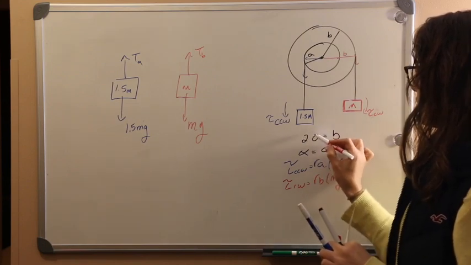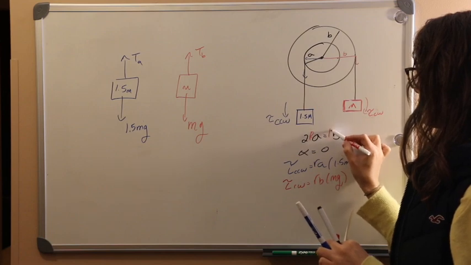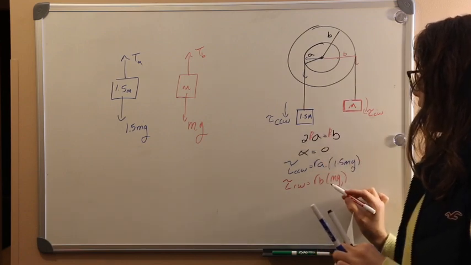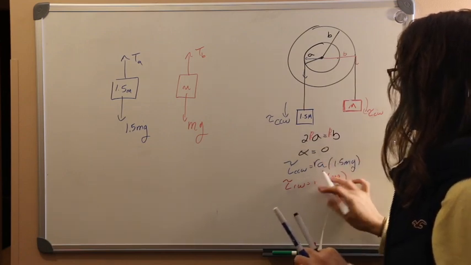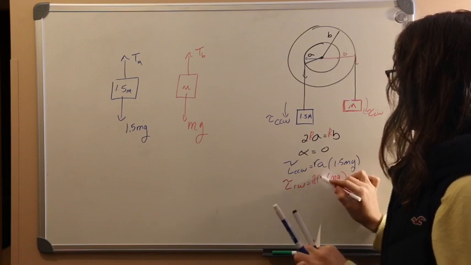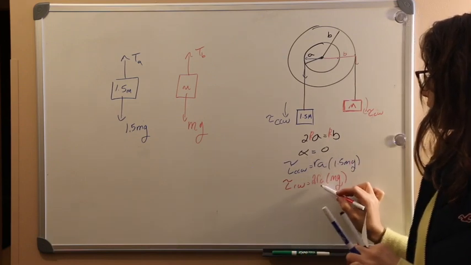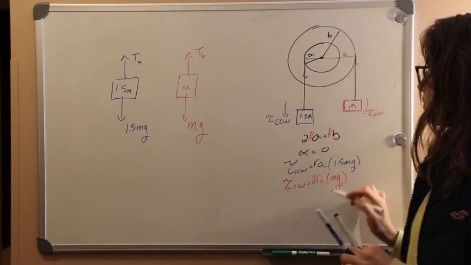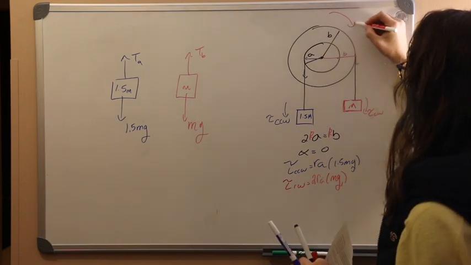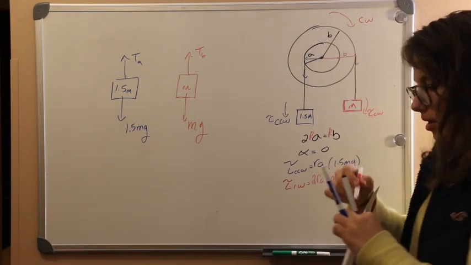And remembering that with subscripts, you can replace RB with 2RA. So if acceleration equals 0, then the clockwise torque is more. And that's a good way to think about what's going to happen to our system.